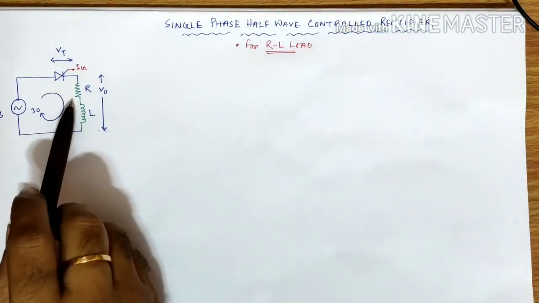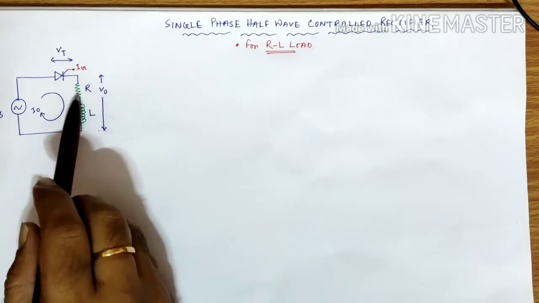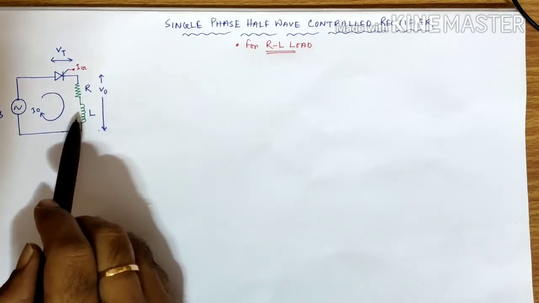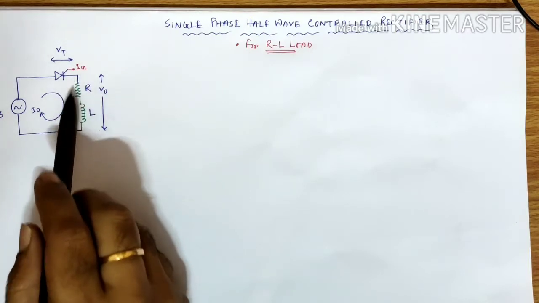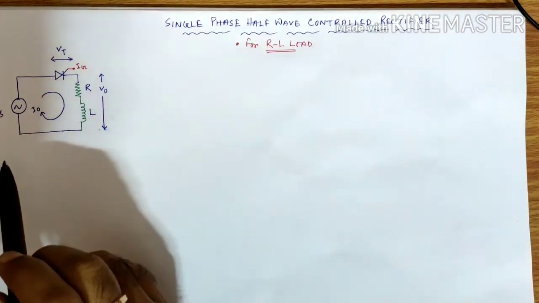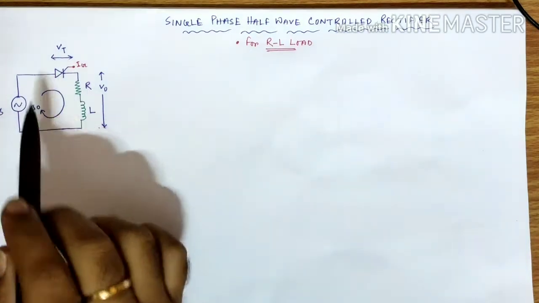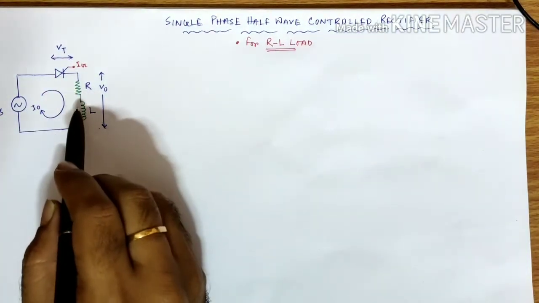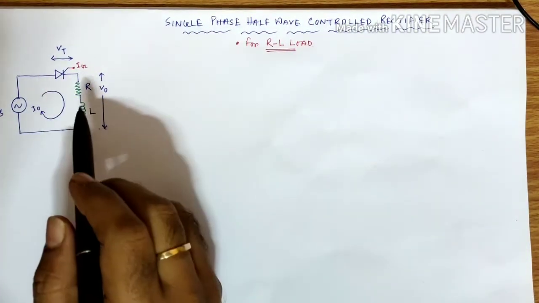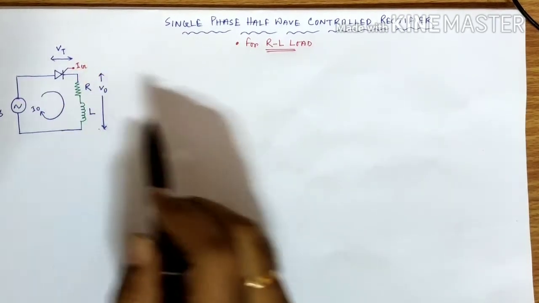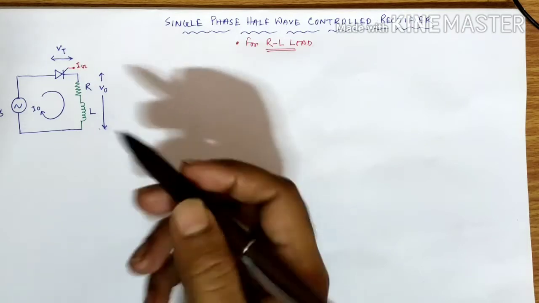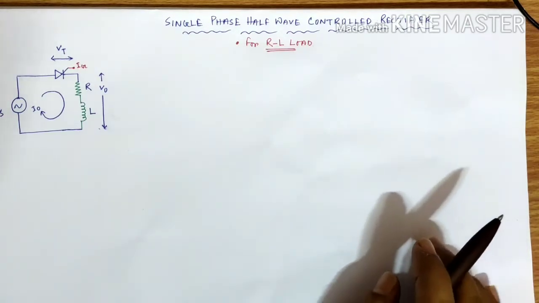You can find, instead of having a single resistive load, we have connected an inductor in series with the resistance, so that the load becomes inductive in nature. So today we'll try to understand when the load has a different characteristic, that is the inductor, how the circuit behaves.